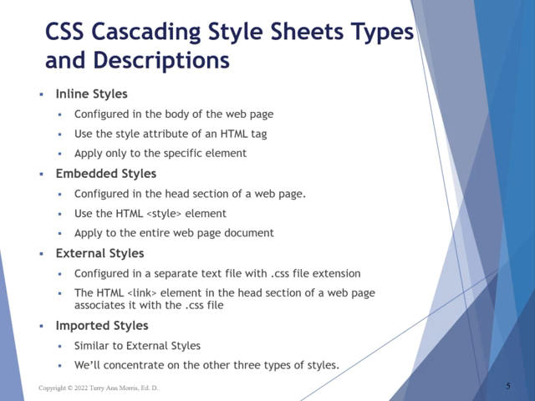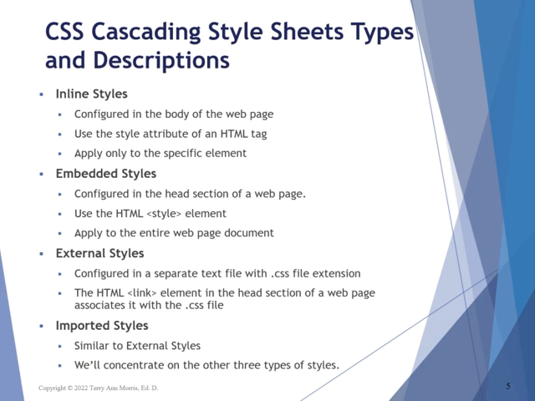The third place you can write CSS is inside of an HTML tag. When CSS is written using the style attribute, it's called an inline style. In general, this is not considered a best practice. However, there are times when inline styles are the only right choice.